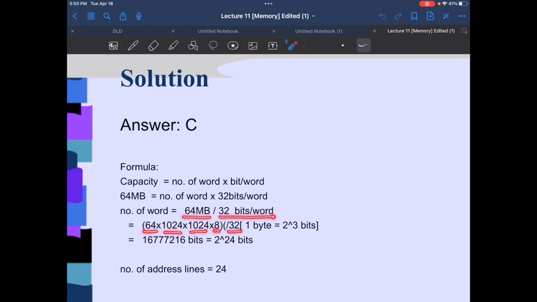Divided by 32, we get 16777216 words, and that is 2 to the power 24. This is equal to 2 to the power of address lines. So the number of address lines is 24.